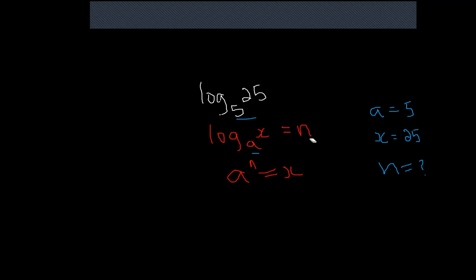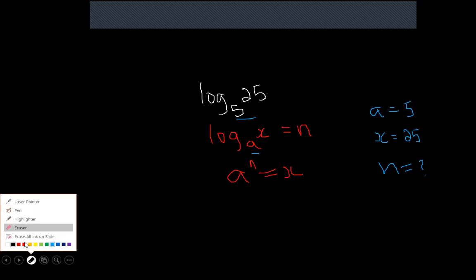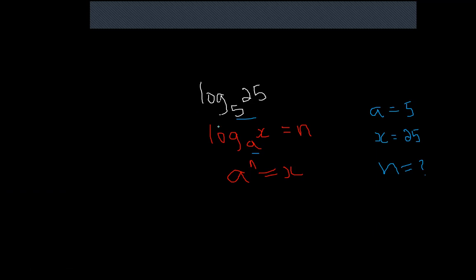They gave us this, and we're trying to find what n is, right? So we said, according to the rule, this could be rewritten in exponential form. How would it look in exponential form? It will look like this. a, I said that's 5, to the power of n is equal to x. And we said x is 25.